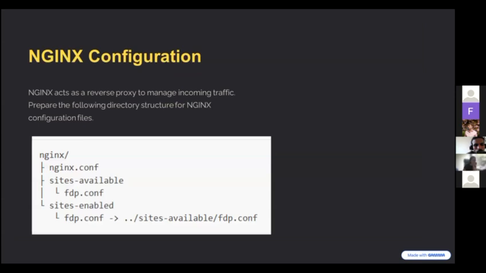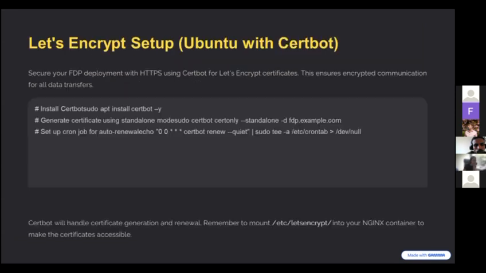For the Nginx configuration, you would need nginx.conf, sites-available fdp.conf, and you would also be enabling the site. But before you do that, you would also need to install Certbot, which will allow you to do SSL generation.